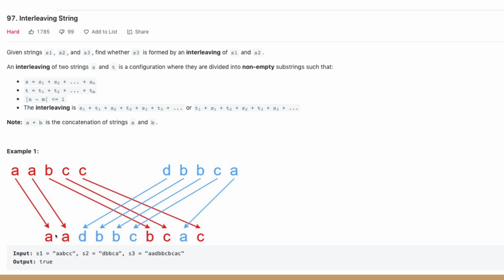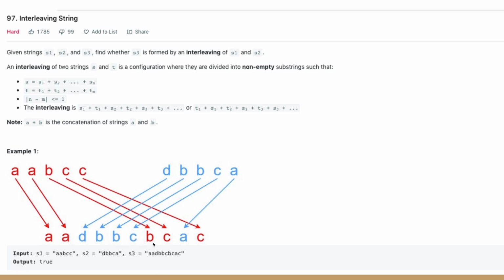Each time we are popping out a character from this string and trying to match it with one of them. Does A match with one of them? Yes, we are matching with A. Does this A match with A? Yes, it does. Does this D match with any of B or D? It does. When we keep going forward and match every one of them, we return true because these 2 subsequences can form the third subsequence, and that's what we're doing.